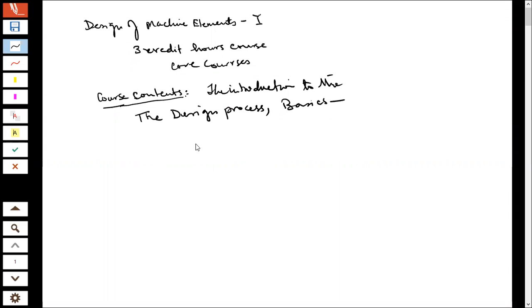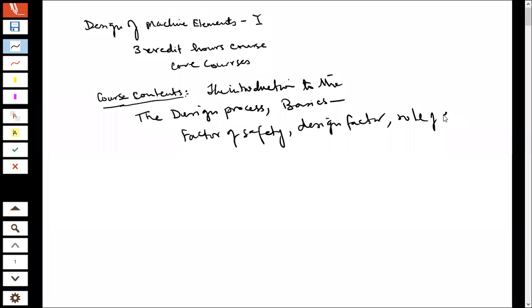That will include the factor of safety, the design factor, the role of economics, the reliability, and all these factors when you consider during design.